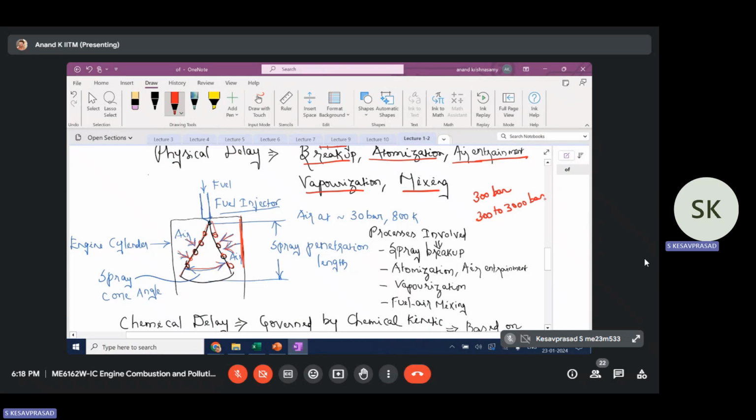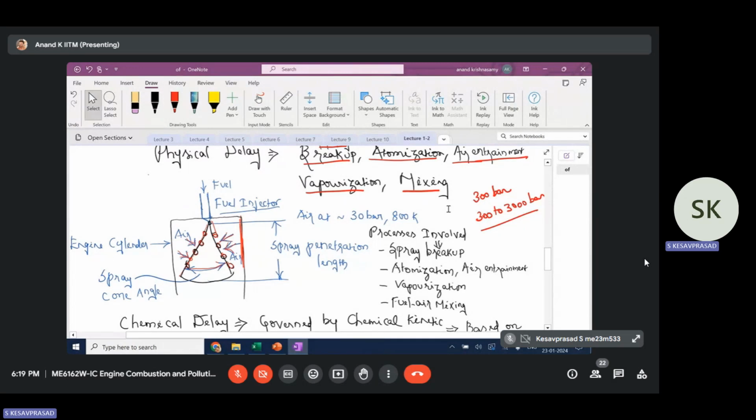Common rail direct injection systems are used, which can achieve pressure values up to 3000 bar. So the takeaway is that you are injecting fuel into air at a very high pressure, which will result in very high velocity. The spray will move inside the engine cylinder at a higher velocity because of this higher pressure.